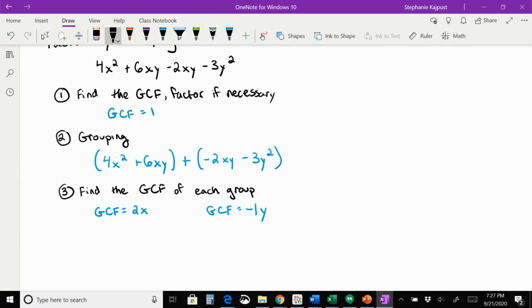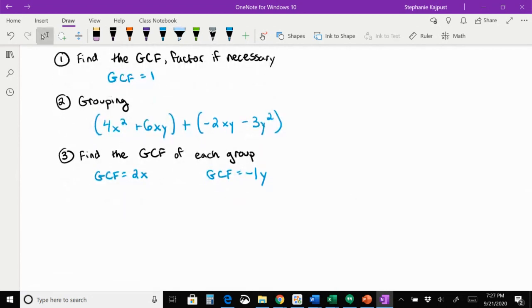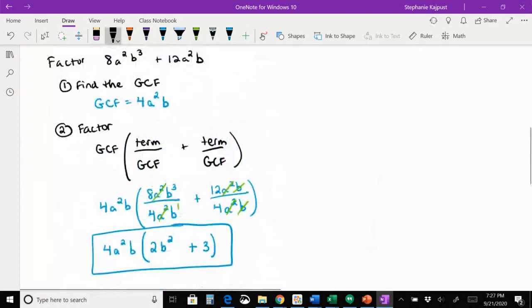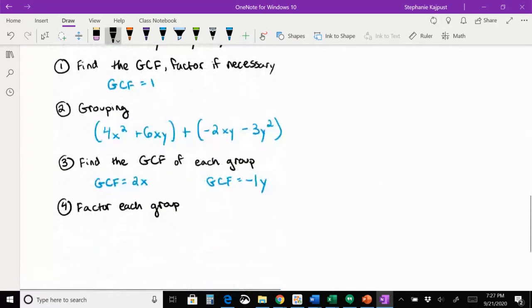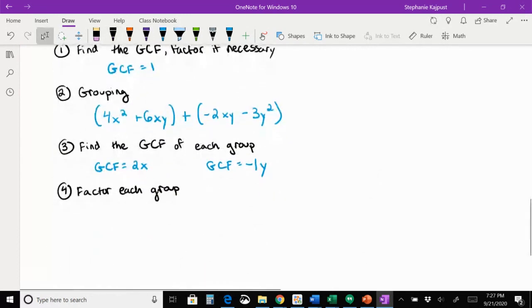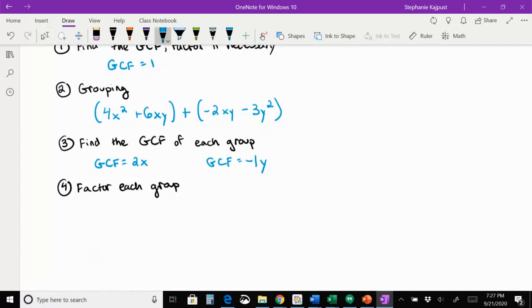So once you find the greatest common factor, then you factor each group. So we're basically taking what we did in this example and we're doing it twice because we have 2 sets of groups together here. So I have 2x because that's the first GCF, and then I divide each term by that greatest common factor.